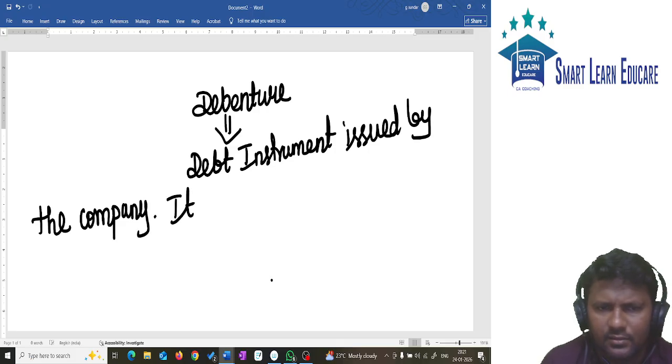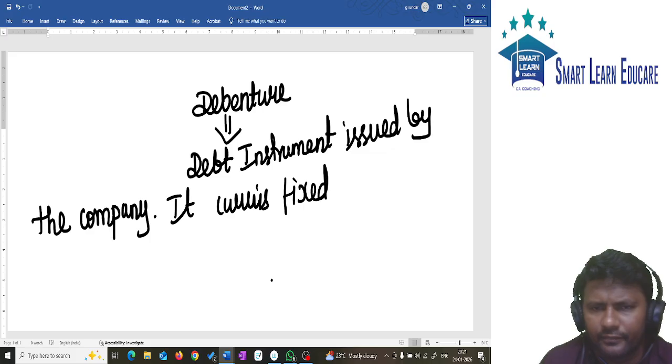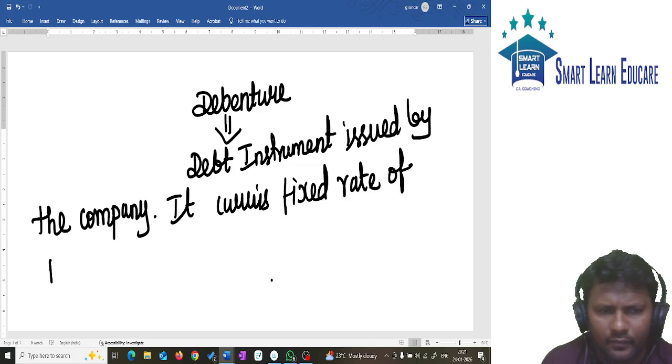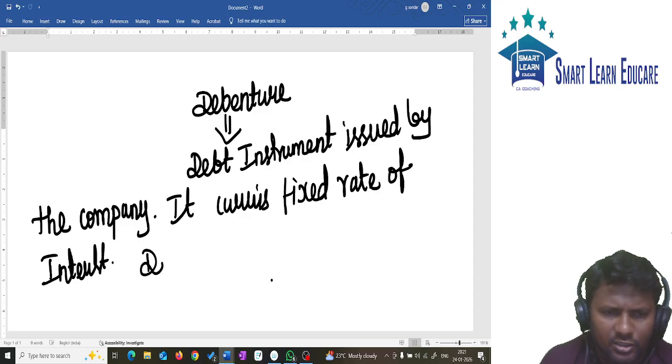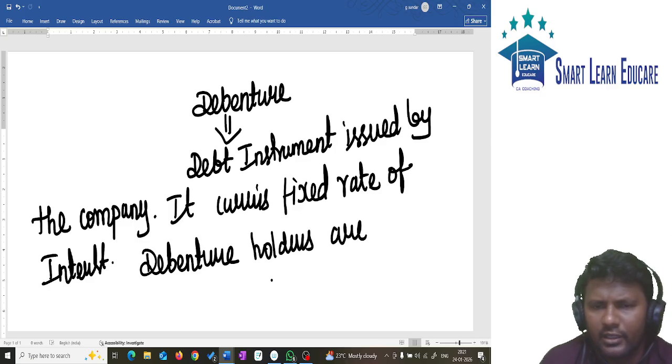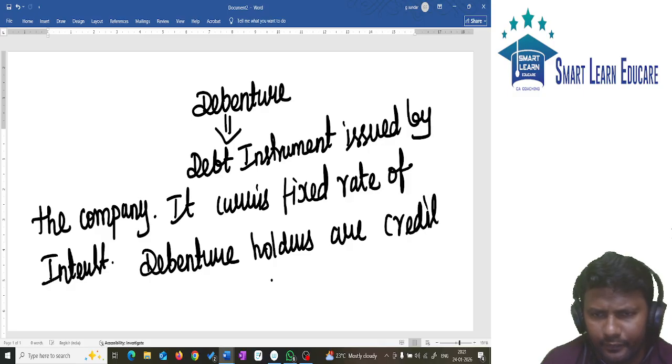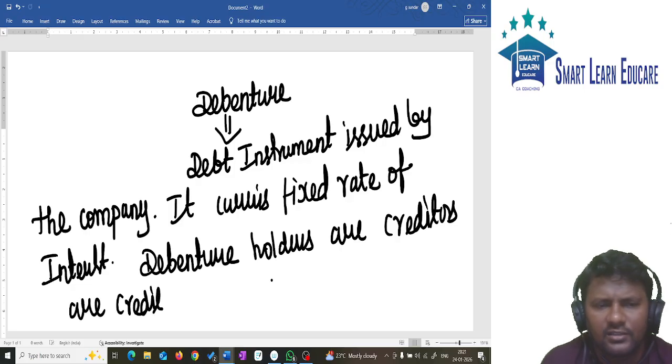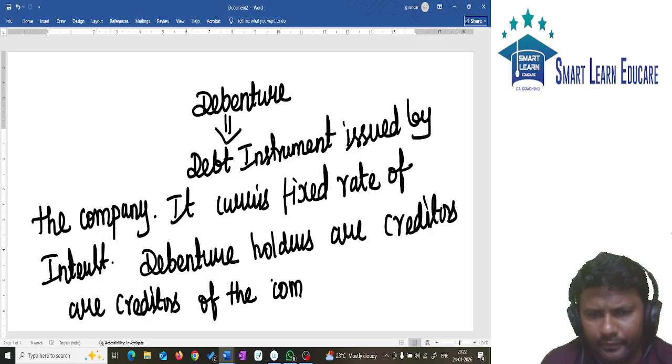It carries a fixed rate of interest. Next, debenture holders are creditors of the company.